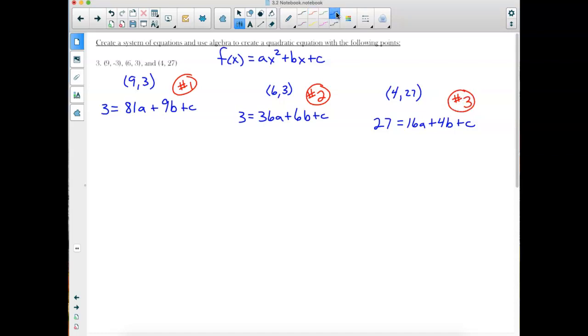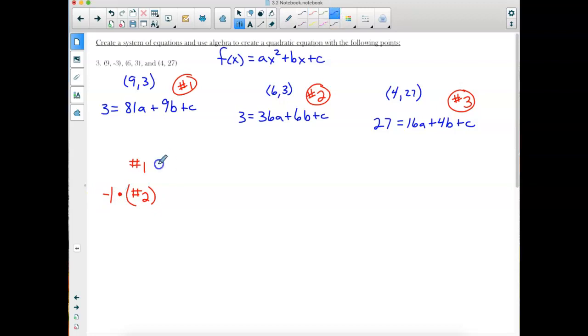From here, what I need to do in my work is eliminate. The c value is always the first one to eliminate if you don't know what it is. I'm going to take number 1, and then take number 2 times -1.